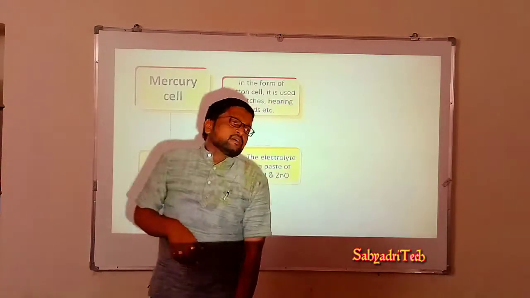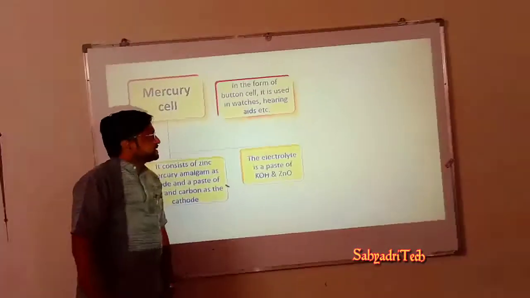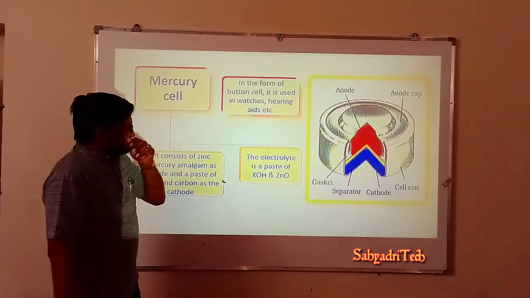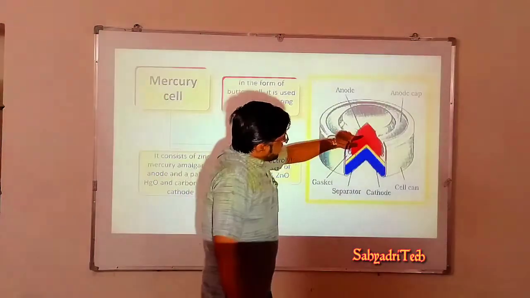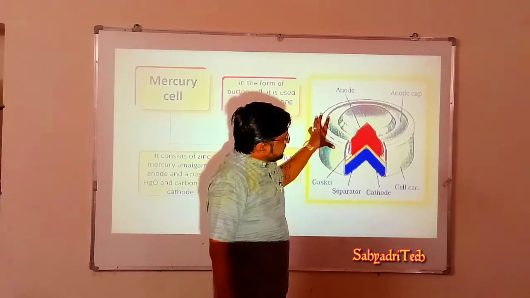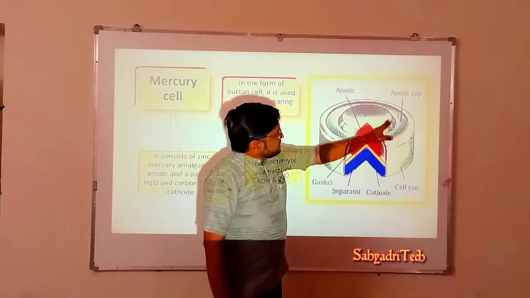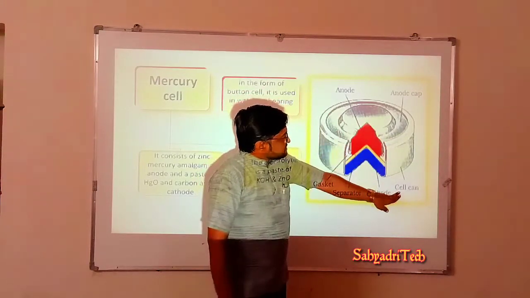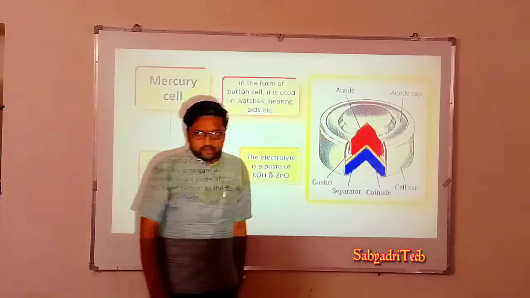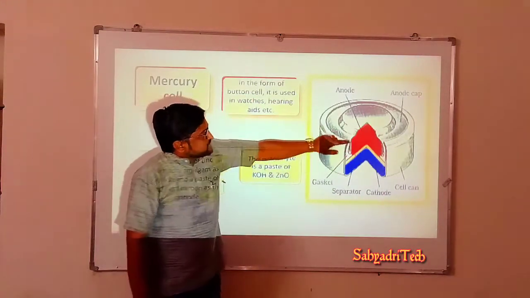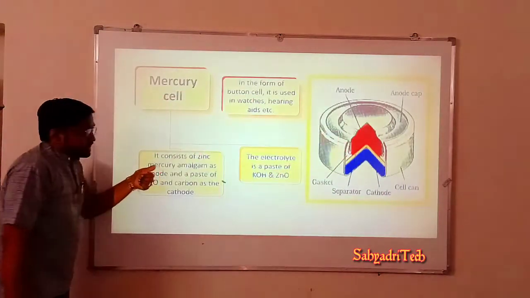Well, how does it look diagrammatically? Coming to the diagrammatic representation, what is there? Both anode and cathode are placed in a circular disc. It is called the cell can, or it is also called the anode cap. Okay. Well, here what is the anode?